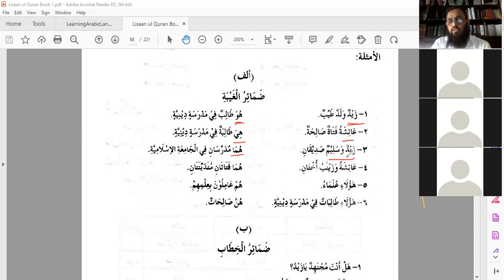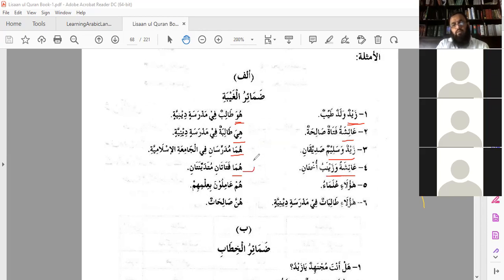Huma is used for Zaidun and Salimun because we are talking about the third person. Now we are talking about the feminine gender. Aishatu wa Zainab ukhtani. Instead of repeating two names, huma fatatani mutadayyinatani. We use huma instead of Aishatu wa Zainabu.